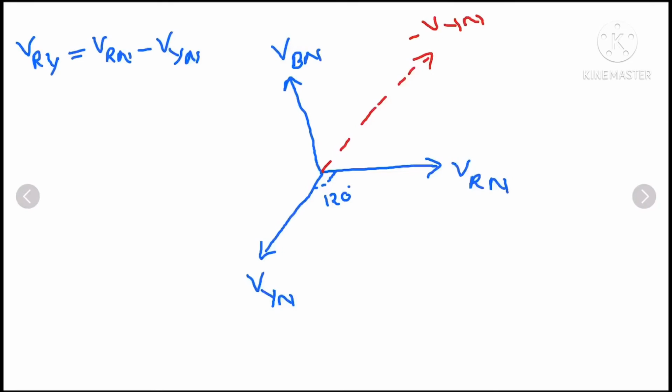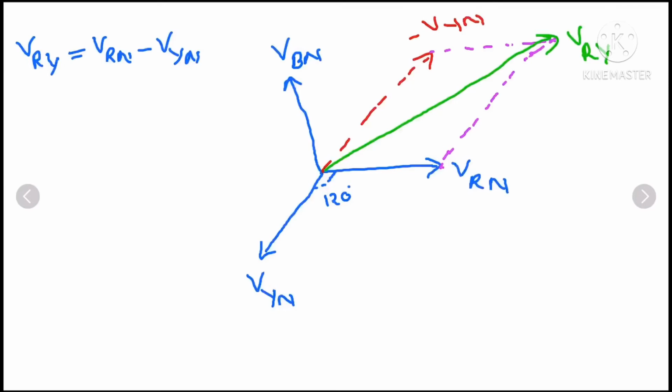In the parallelogram method, we draw parallel lines with both vectors, and wherever these parallel lines intersect will be the end point of the resultant. So this resultant is going to be your VRY.